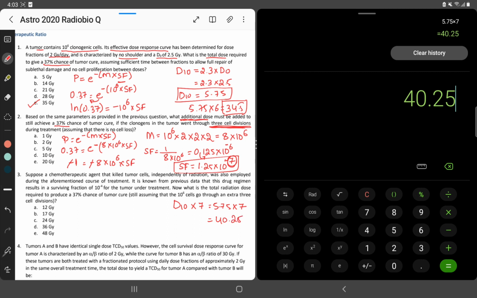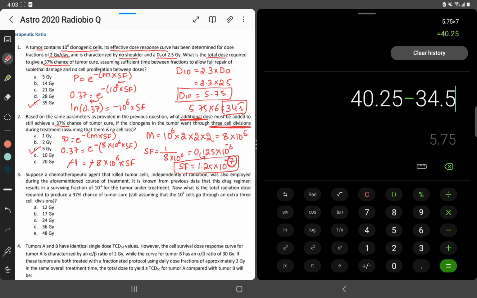Now they are asking the additional dose, so we have to subtract the earlier dose, that is 34.5, which gives us 5.75, which is nearly 5 over here. So the additional dose required is 5.